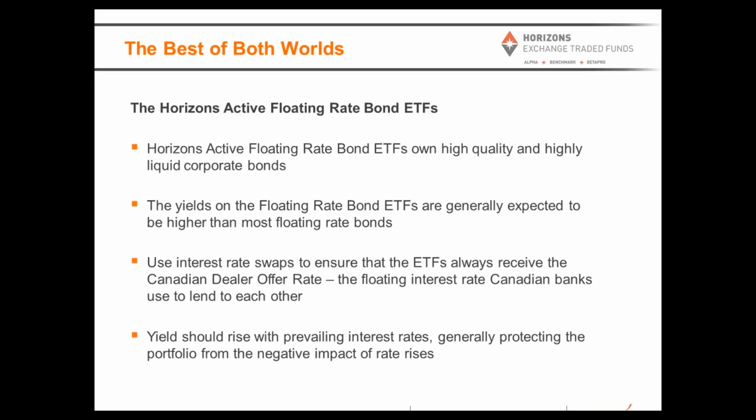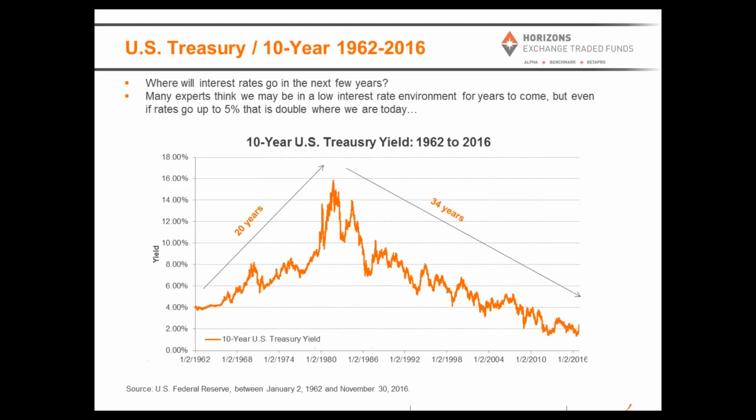You're trading away the duration of that basket of corporate bonds, which is about 3.5%, 4%, for a duration of about 0.2%. So you're greatly reducing the sensitivity of that basket to increasing interest rates, and thus the yield should rise if those rates go up, protecting the portfolio from the negative impact of rate rises.